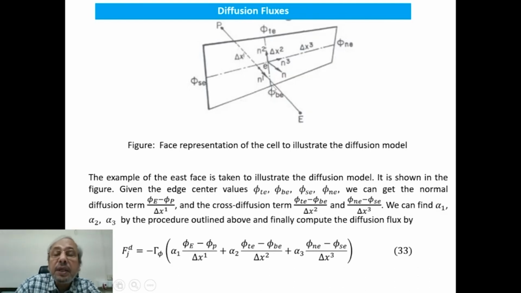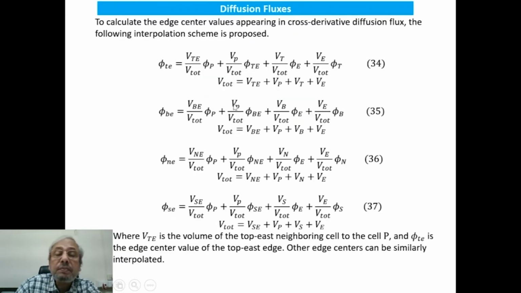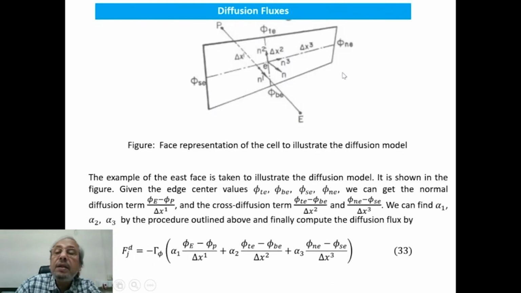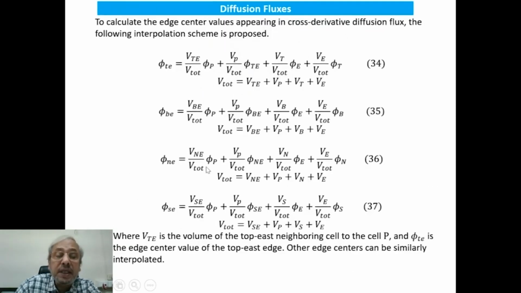Similarly, when we define phi B, it will involve P cell, its bottom cell, eastern neighbor and the bottom cell of the eastern neighbor. And then this will be defined through interpolation. Similarly, phi NE will involve 4 neighboring cells, phi AC will also involve 4 neighboring cells, and these are to be defined.